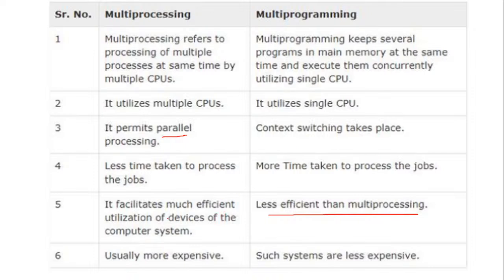The efficiency level is more in multiprocessing because it makes use of different devices. In multiprogramming the load is more because it is on a single CPU. So efficiency is high in multiprocessing and less in multiprogramming. Multiprocessing systems are more expensive, and such multiprogramming systems are less expensive.